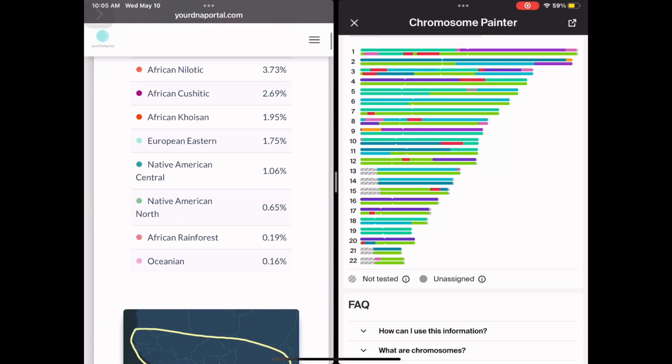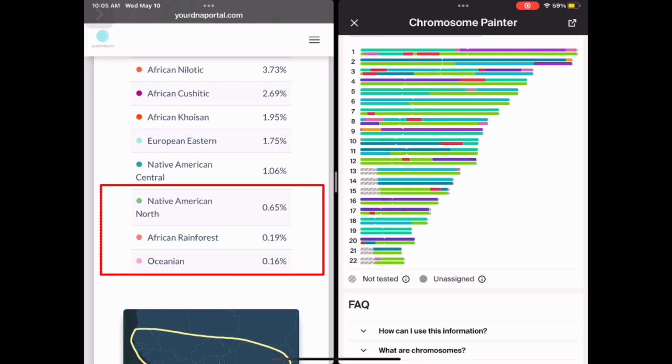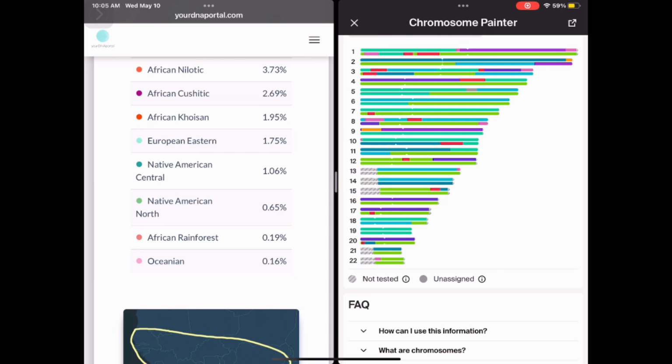Scrolling here with chromosome 1, we see that we have Native American at 0.65, African rainforest at 0.19, and Oceanian at 0.16.